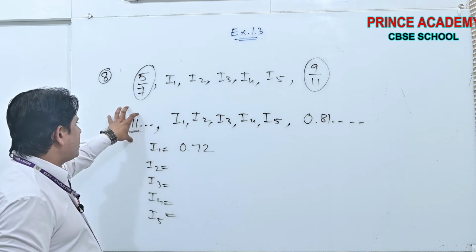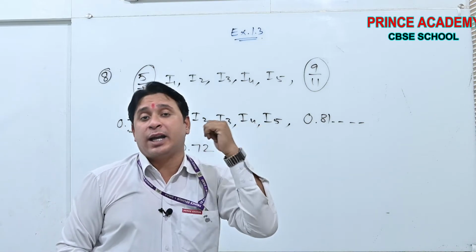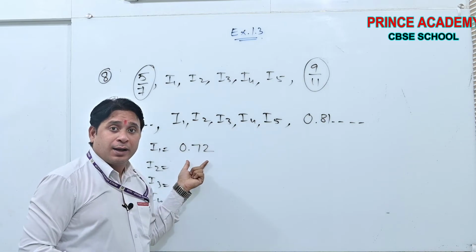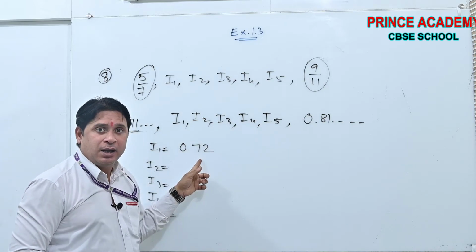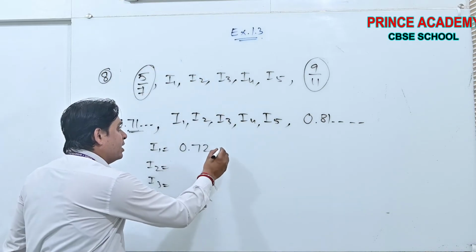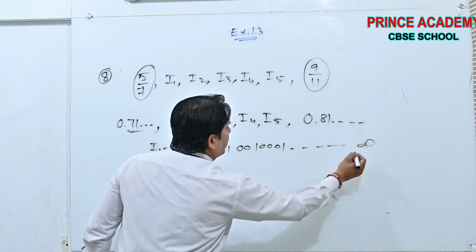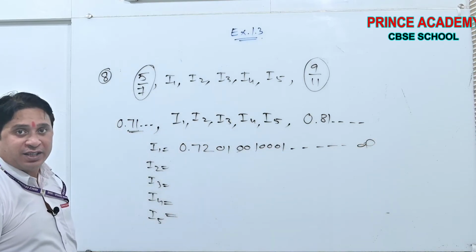This is greater than this and this is less than this, satisfying the first and second conditions. But it should be irrational. Here it is rational, so make it irrational by the criteria we used in question number 7: 0.72010010001 and so on up to infinity. This is the first irrational number.